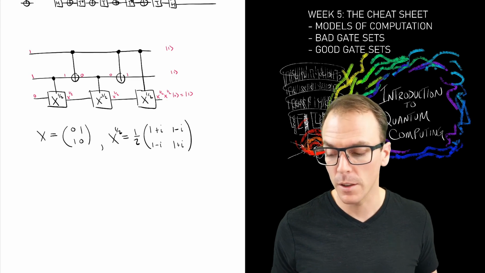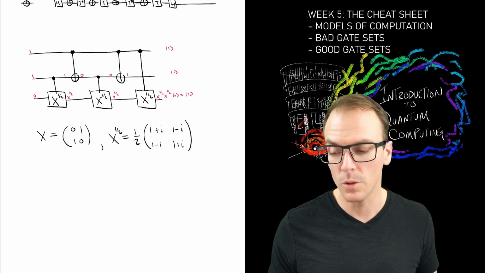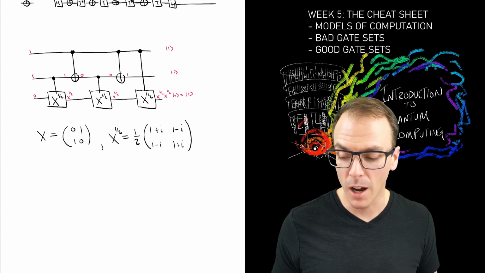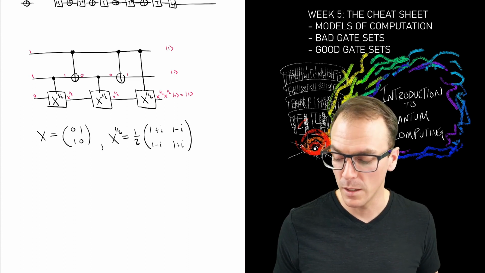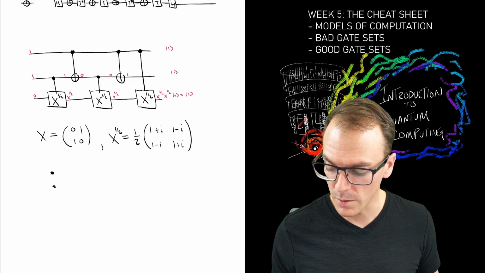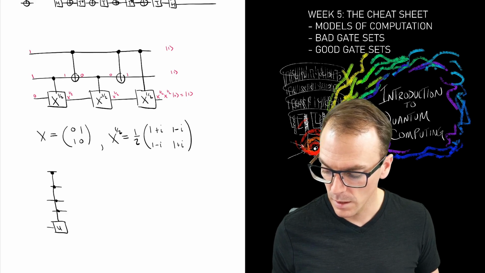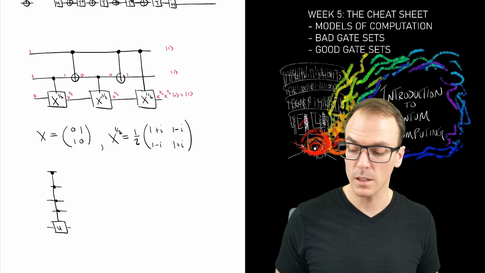One thing you can do is convince yourself that this construction is more general, and you can do this with other controlled unitaries. So not just control knots, but other more complicated primitives that might look like lots of controls and maybe some unitary at the end. You can do a similar thing to what's happening here.